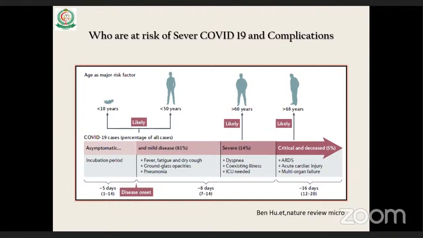Usually those are young patients, especially children younger than 10 years. The majority of patients develop mild to moderate disease, around 85%, 14% or 15% have severe disease, and around 5% develop critical or serious illness, and the majority of them are more than 70 years old.